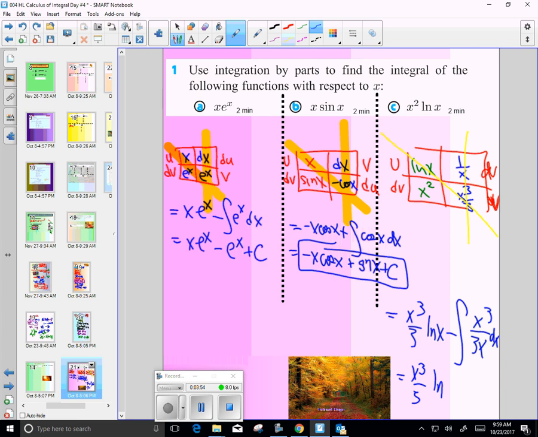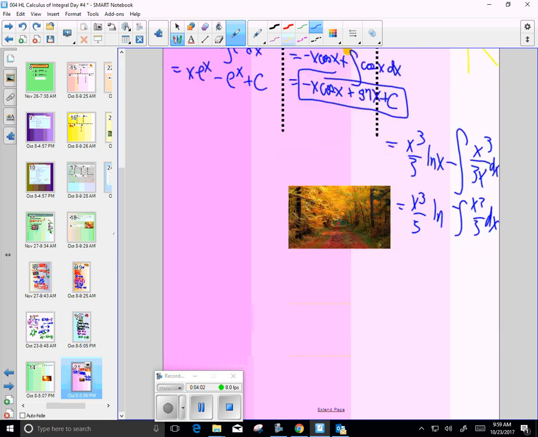Yeah, it'll just be x squared over 3. Is that a big deal to take the antiderivative of? No. Of x, so this is going to be x to the 3rd over 3 times 3 plus c.